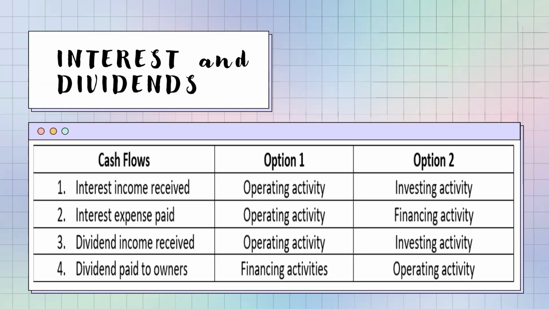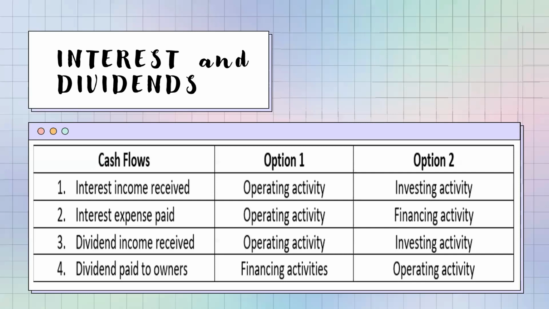So bakit kaya? Kasi those incomes are considered sa computation ng profit or loss, and yung income din na yon are ina-apply sa entity's operations. So for option 2, investing activities daw, kasi they are connected with the investments.